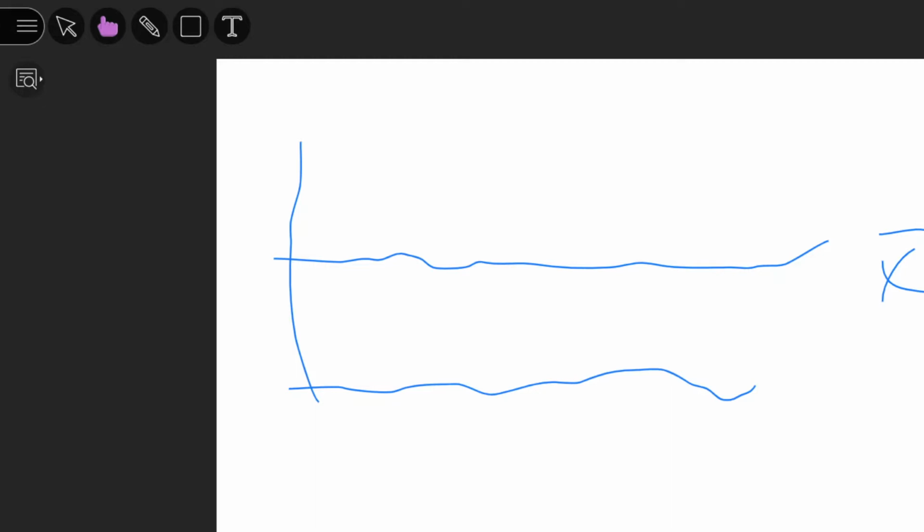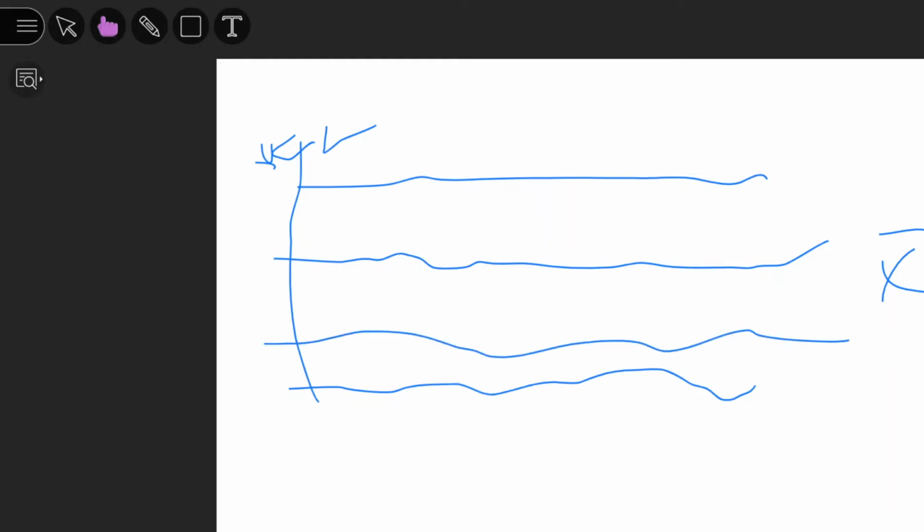Here we would make an upper limit, and I'm getting better at this. I don't want to write letters, but this is going to be UCL, upper control limit. And this here would be LCL, lower control limit.